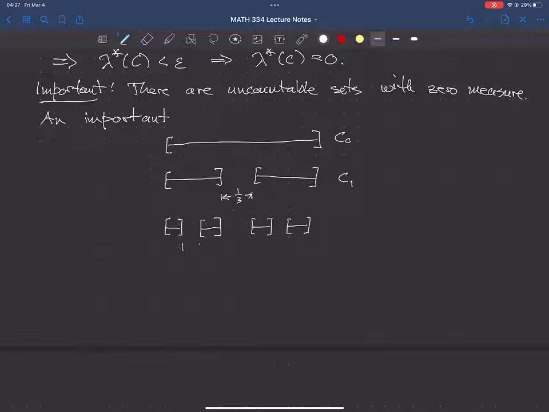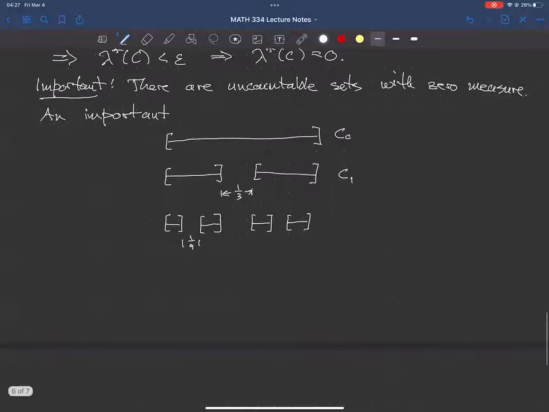Here you're removing 1/9 from each of the intervals that remained after the first step. So this is C2, and so on.